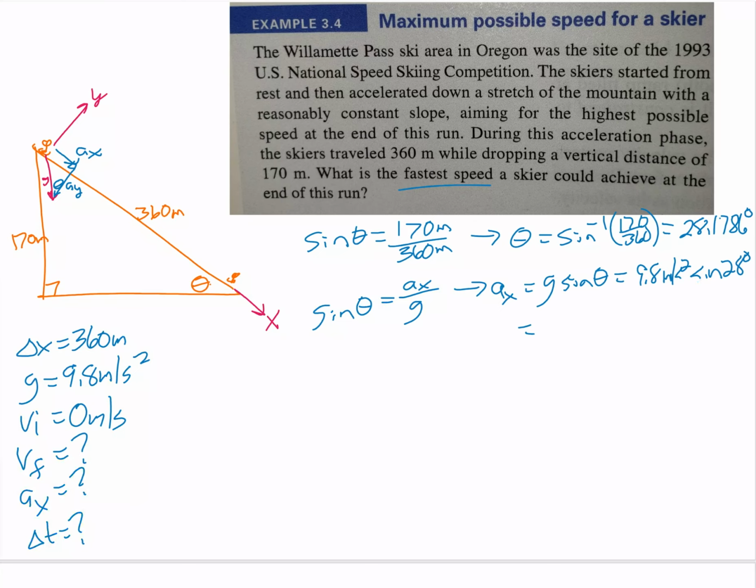I don't think that's right. What'd you get? Do you multiply by the degrees? Sine of the degrees you just got. Yeah, 9.8 times sine of 28 point blah blah blah.